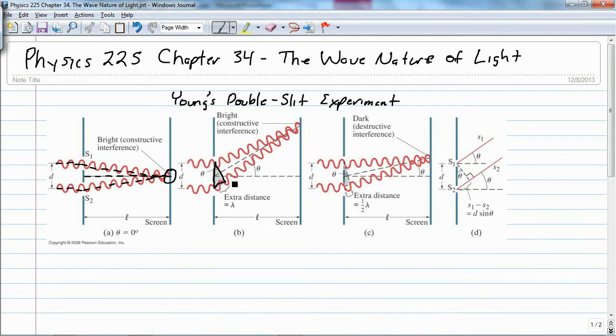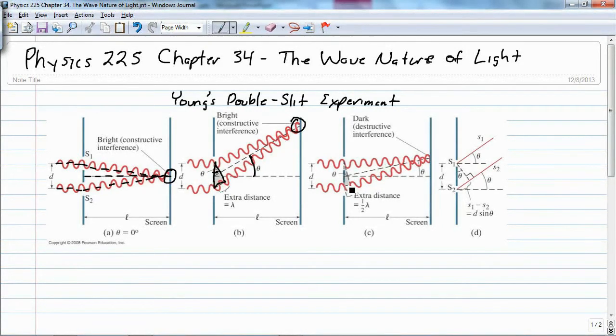And so in that case, the wave peaks will match, and when I get up to this point, I have a bright spot, even though there's a certain angle that is occurring here, this theta. And this theta gets translated to this theta as similar triangles.